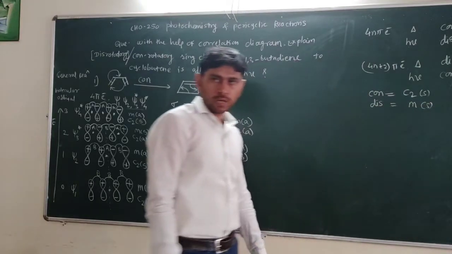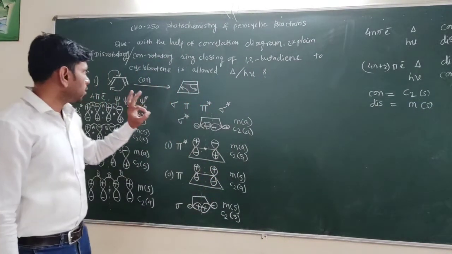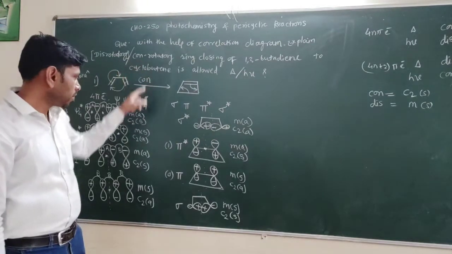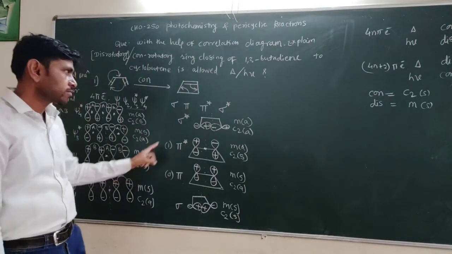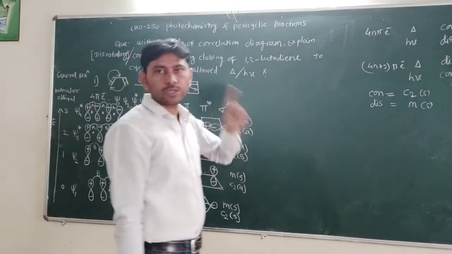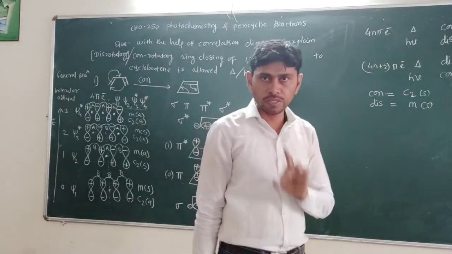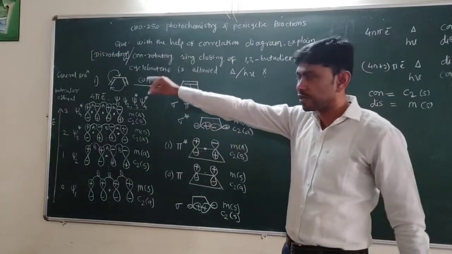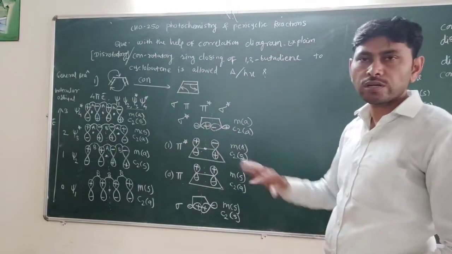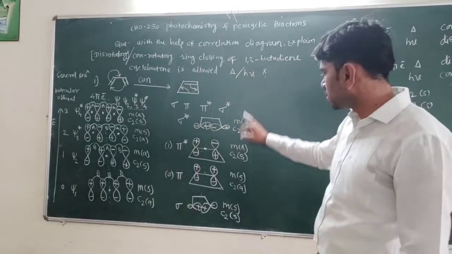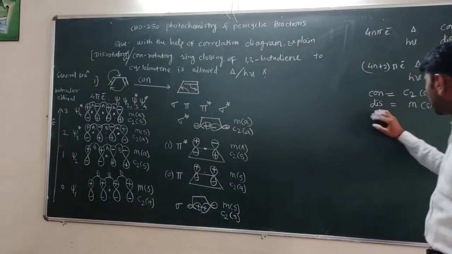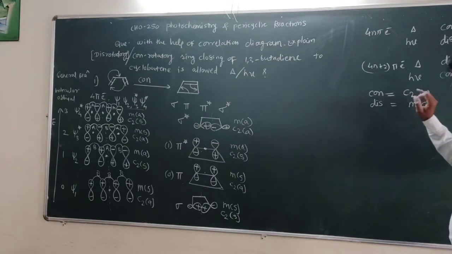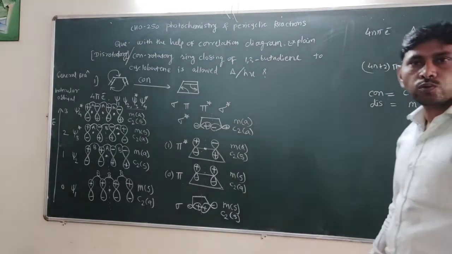If you are asked about conrotatory motion, then you have to consider only C2 symmetries. And when asked about disrotatory motion, then you have to consider M symmetry, because disrotatory motion is always associated with M symmetry and conrotatory motion is always associated with C2 symmetry.